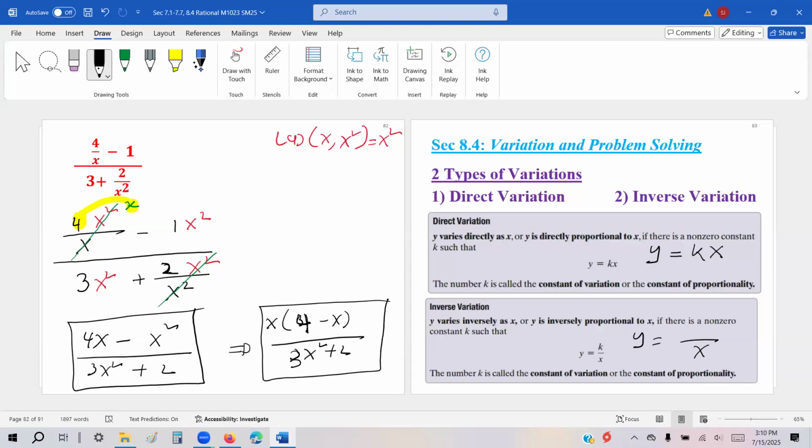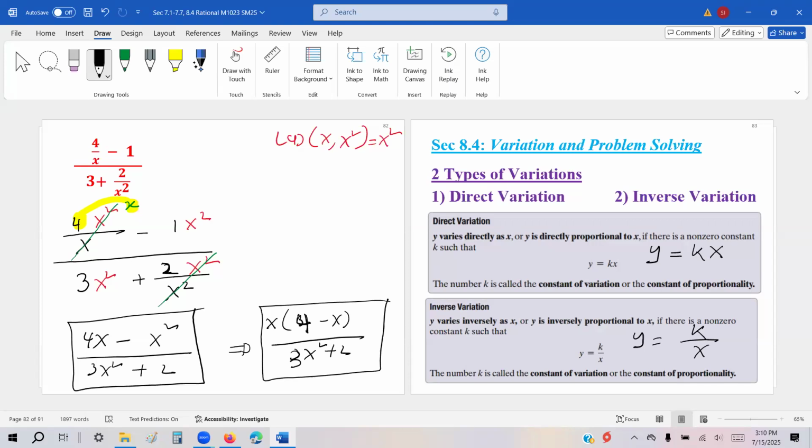One going up, one going down. But the rate at which they are changing is something called K. K always has to be on the numerator. It's a multiplication. You're multiplying by the rate K. And one is increasing, the other is decreasing. So two types of relationship. Direct, inverse. The formula for direct is Y equals KX. The formula for inverse is Y equals K over X, if Y is changing inversely with X.